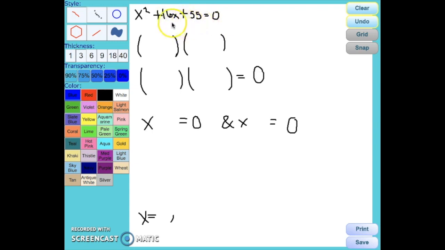When you first look at this, you might think 16 and 55 don't really have a whole lot in common. If you multiply 16 by 5, you're not going to get 55. But we're not going to multiply both of them.